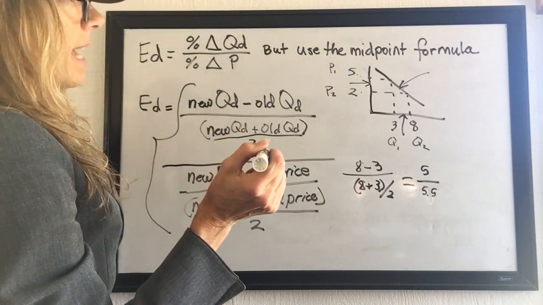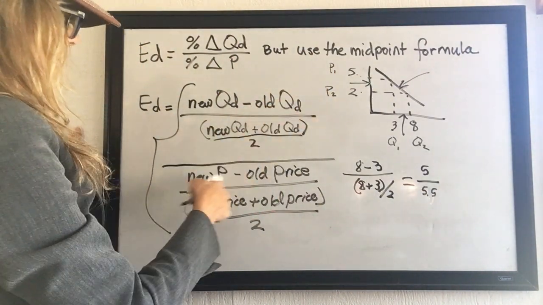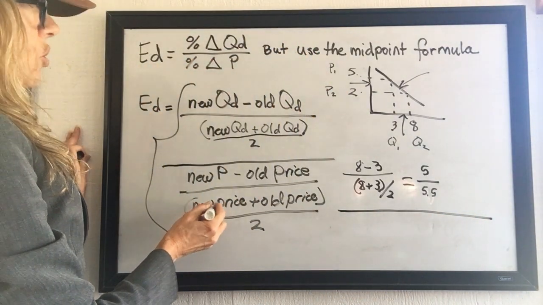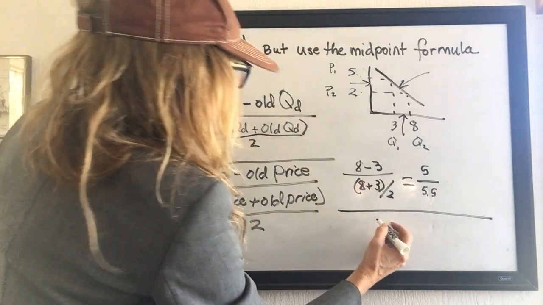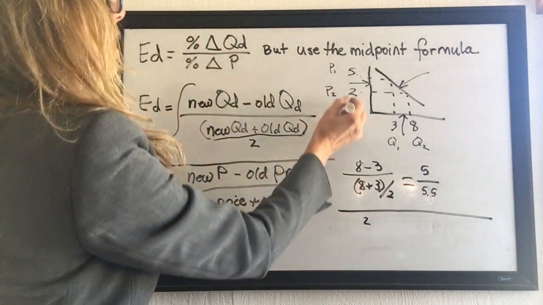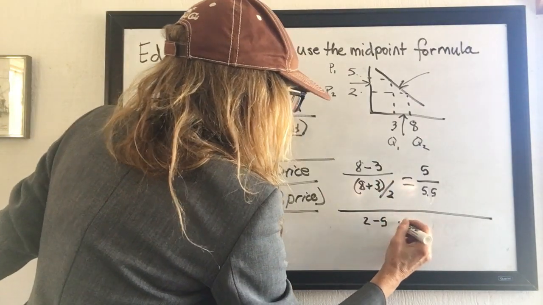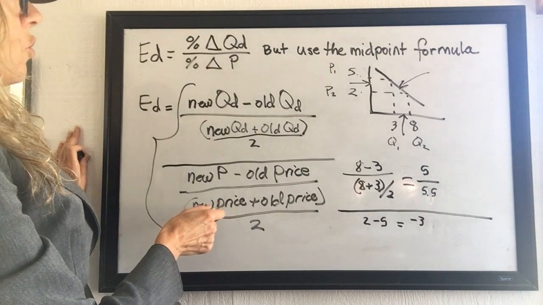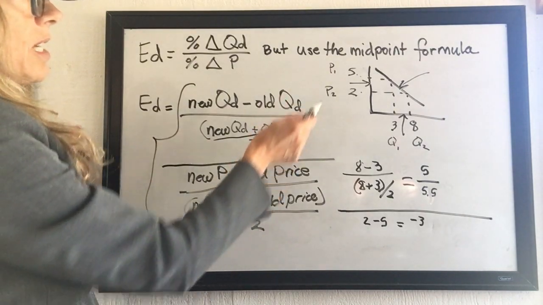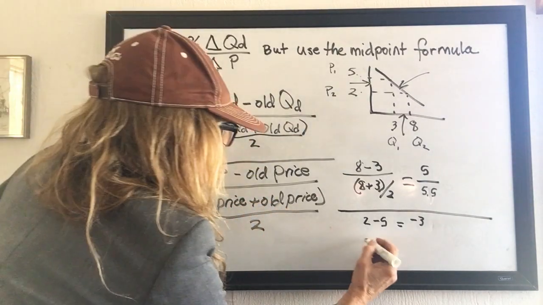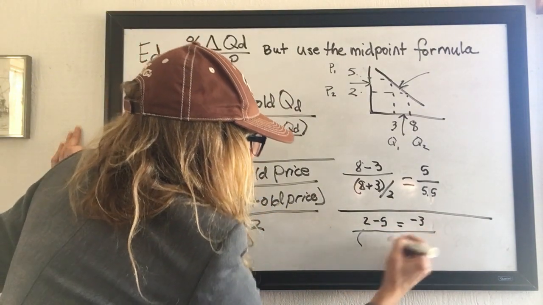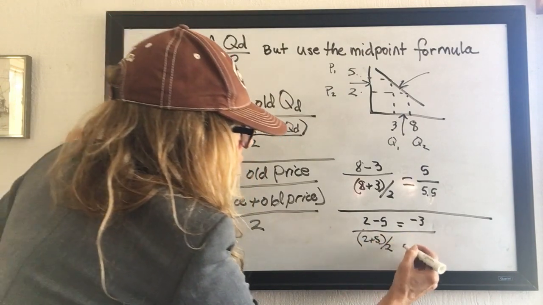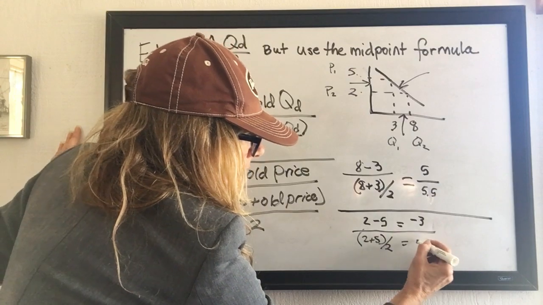Okay, and then we look at the prices here, and we do the same thing for the bottom. We say the new price is P2, so that's 2 minus the old price, which was 5, which gives us a negative 3. And then the new price, which is 2, plus the old price, which is 5, is 7, divided by 2 equals 3.5.